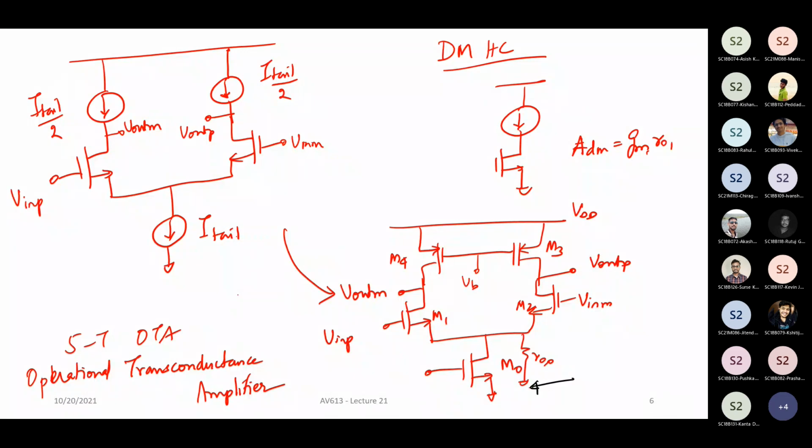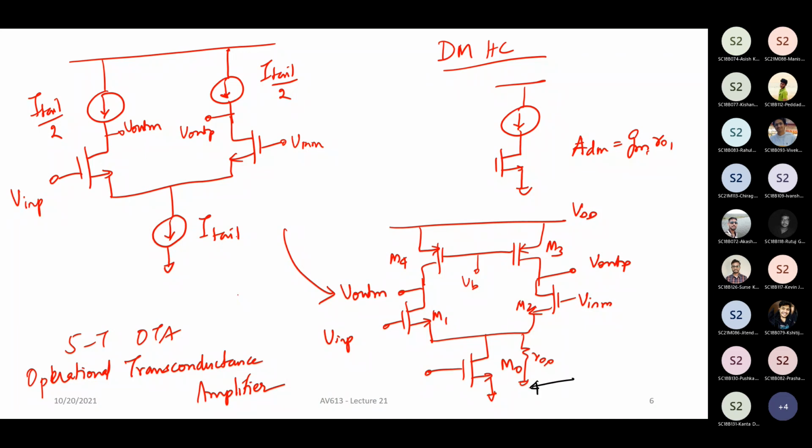Why will you increase the channel length of M0? So that the channel length modulation effect is less, and also that whenever we have some extension of the gate, that will not affect the channel length. That delta L by L will be less. The ratio is more stable. Correct.